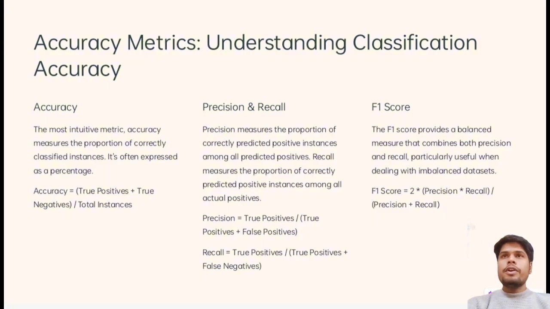Recall is true positives divided by true positives plus false negatives. And the last one is F1 score. The F1 score provides a balanced measure that combines both precision and recall, which is particularly useful when dealing with imbalanced data sets. F1 is equal to 2 times precision times recall divided by precision plus recall.